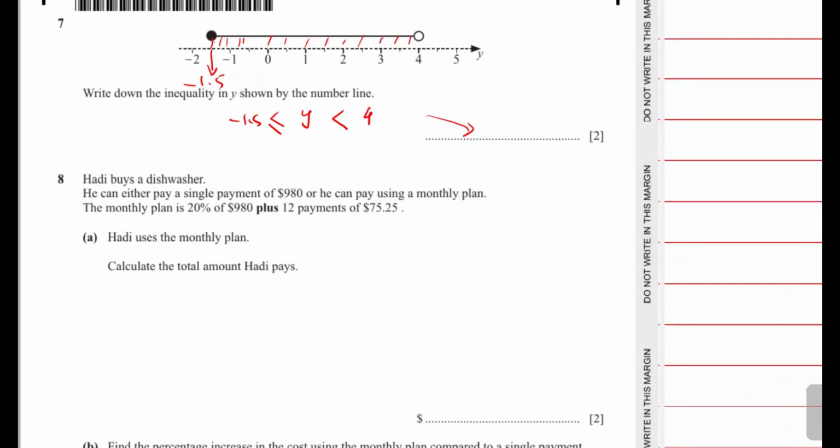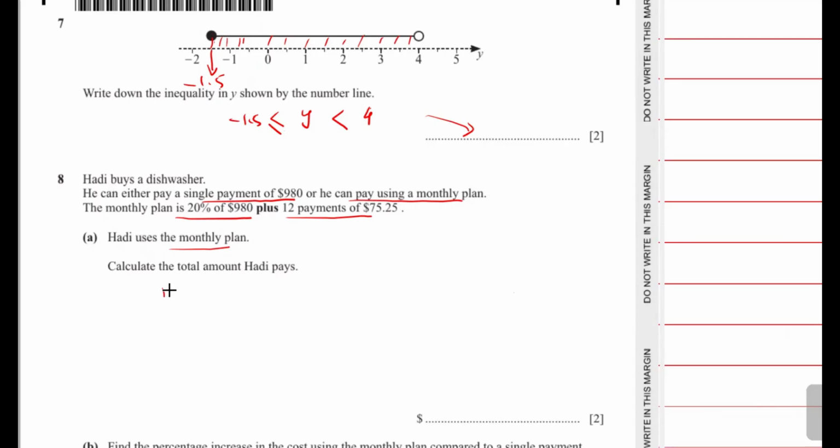Next, question number 8. Hadi buys a dishwasher. He can either pay a single payment of $980 or he can pay by monthly plan. This monthly plan is 20% of 980 plus 12 payments of 75.25. If Hadi uses the monthly plan, calculate the total amount Hadi pays. Look here, if he uses the monthly plan, firstly he deposits 20% of 980.